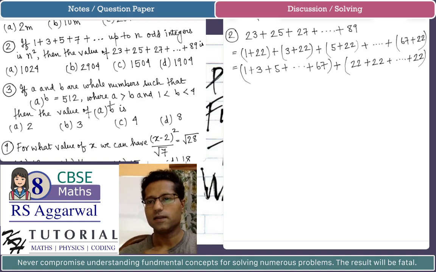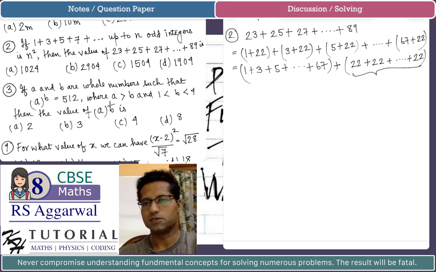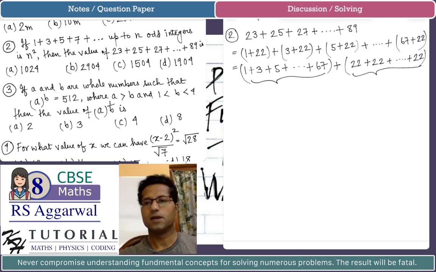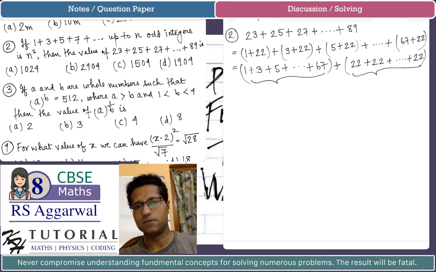We notice that the number of 22 terms in this expression will be equal to the number of odd integers in the first expression. In the first bracket we have the sum of consecutive odd integers, 1 plus 3 plus 5 plus 7 up to 67. If there are n terms, then there will also be n number of 22s inside the second bracket.